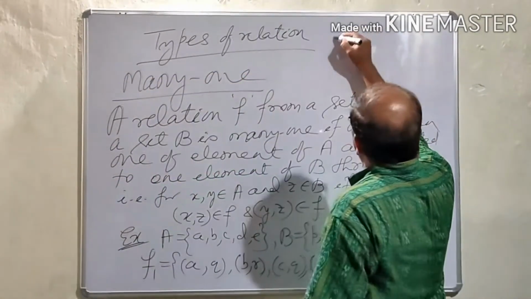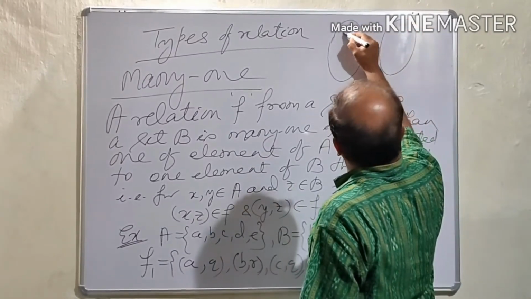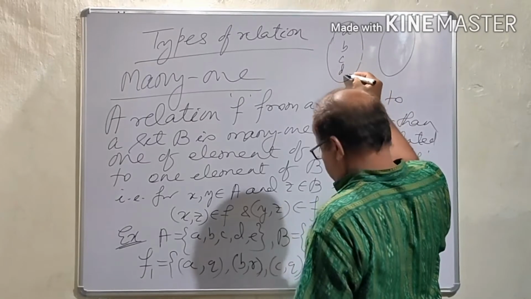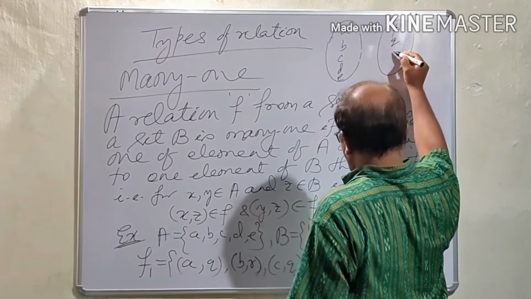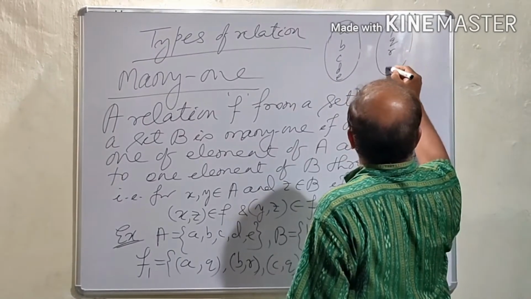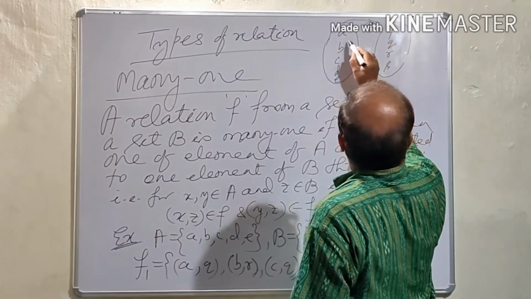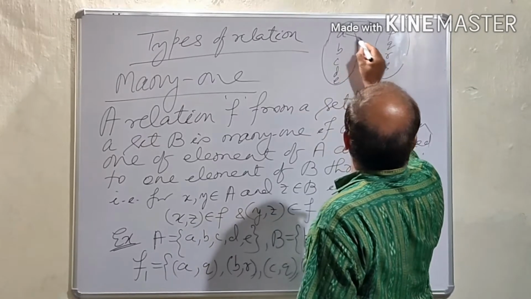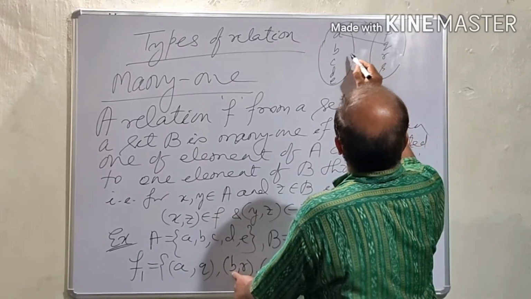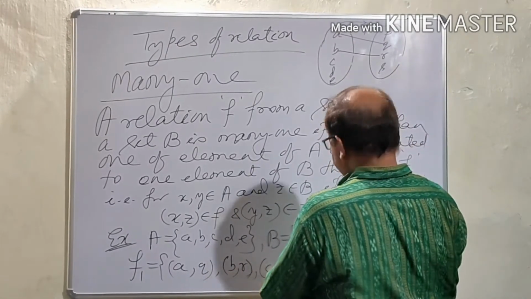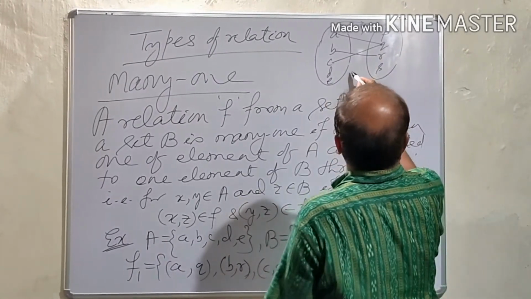We can also represent this in an arrow diagram like this. A: a, b, c, d, e. B: p, q, r, s. This is the relation F1. You see, a is related to q, b is related to r, c is related to q again, and d is related to s.